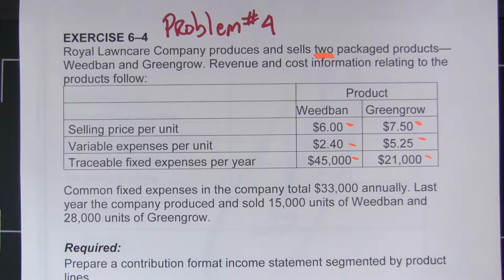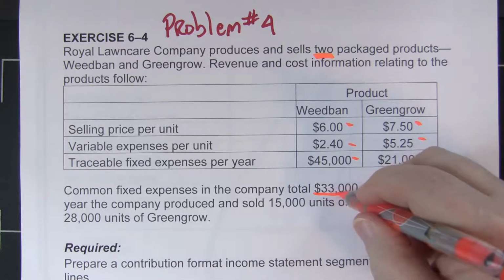They're traceable directly to Weed Ban. Green Grow is the cost of the Green Grow product line, the Green Grow warehouse, the Green Grow production line. So those we can trace directly to the product. That's the easy part.